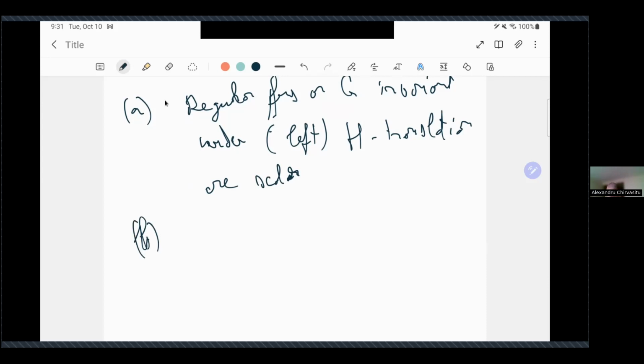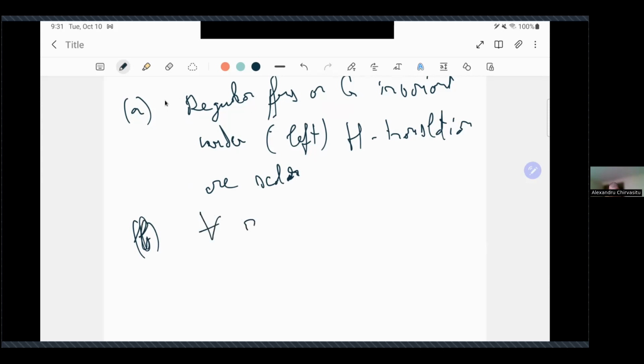B says something like this. If I give you a G representation, so now there are some representation theoretic characterizations as well. This is how you make the connection to representation theory.